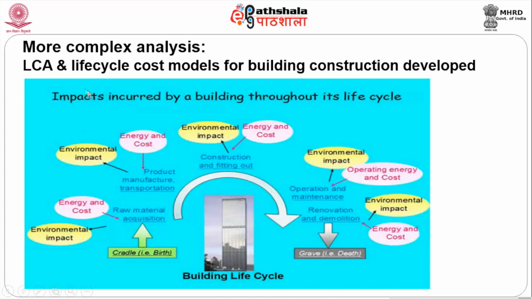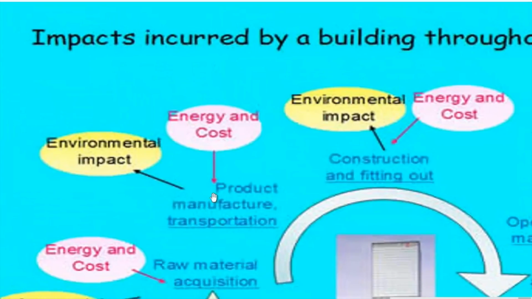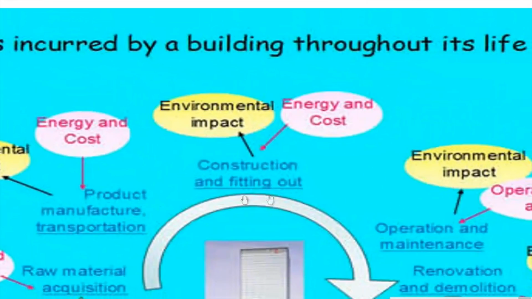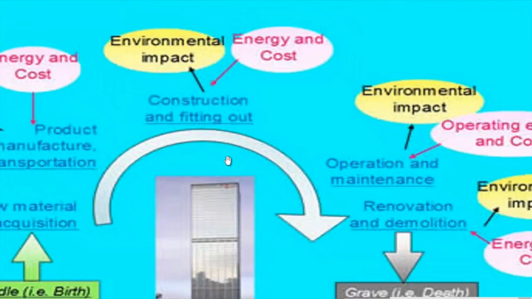All these life cycle analyses and the cost models for building construction which are developed, that is from cradle to grave, the mantra for the embodied energy and also for the life cycle assessment: environmental impact, energy cost, the raw material acquisition, product manufacturing and the transportation, which again involves every material with its environmental impact and also the cost of the material and the energy which is used in the production of the material.